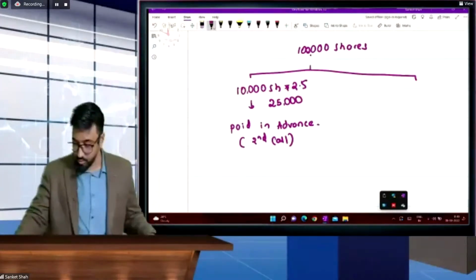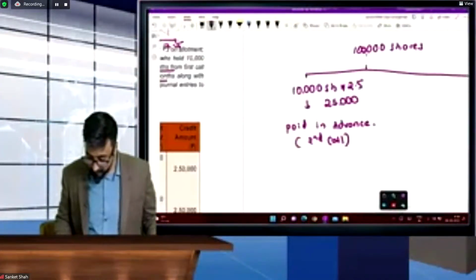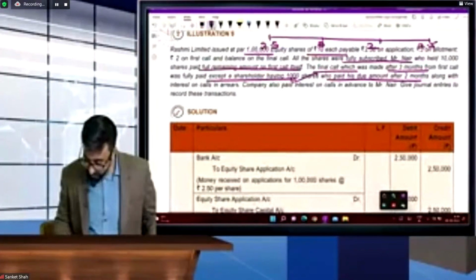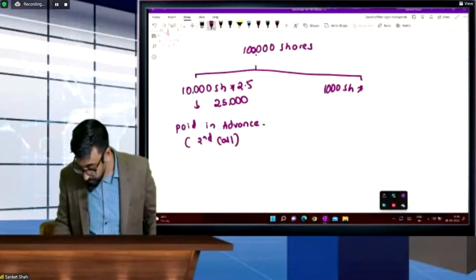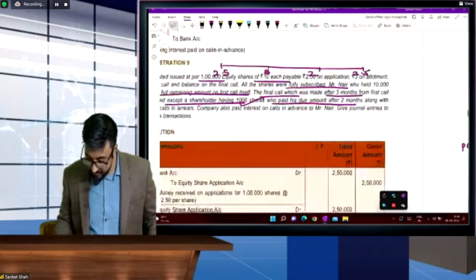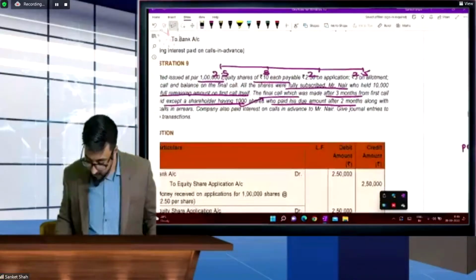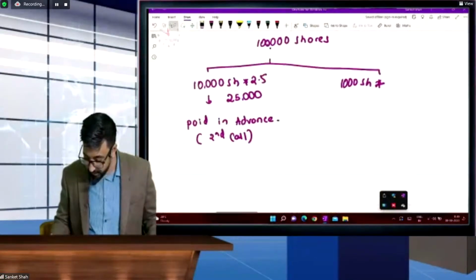25,000 rupees. Correct? And 1,000 shares, calls in arrears of rupees 2 per share.